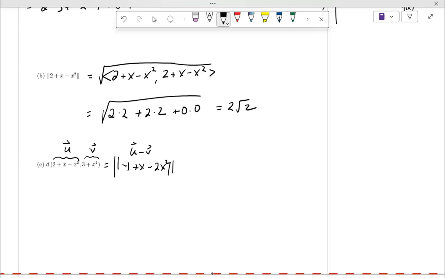We agree? Okay. What do we do next? 0, 1, and 2, and multiply by itself, right? Because remember, this is the square root of the inner product with itself, right?